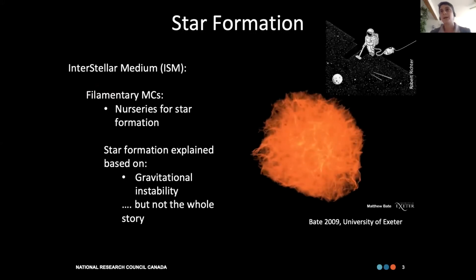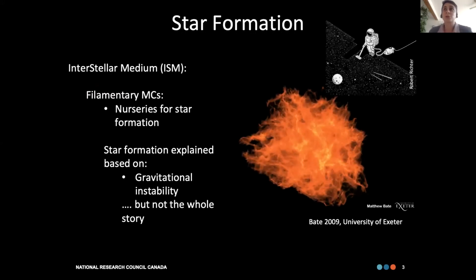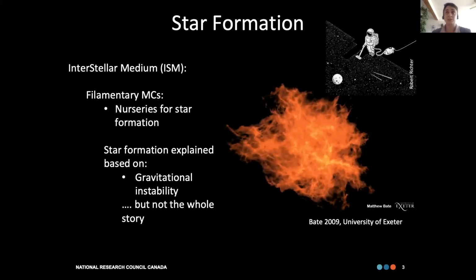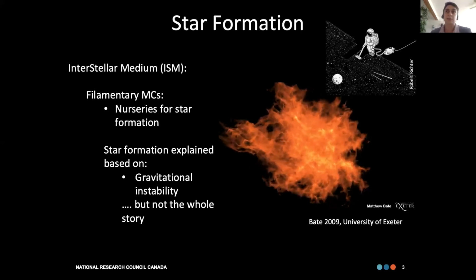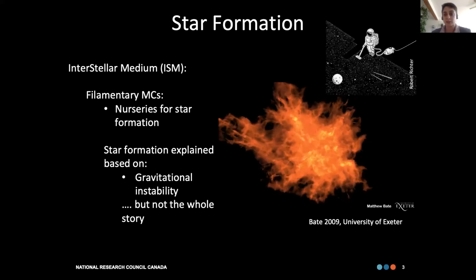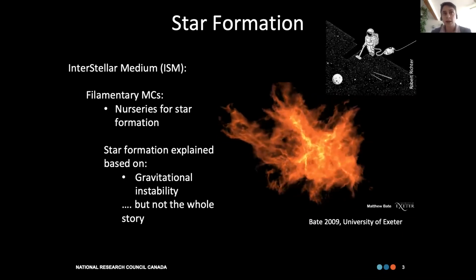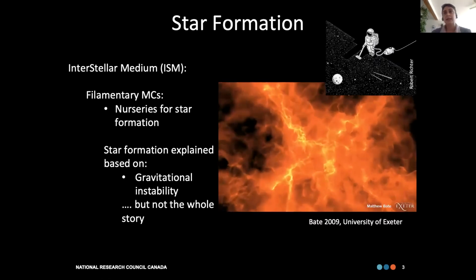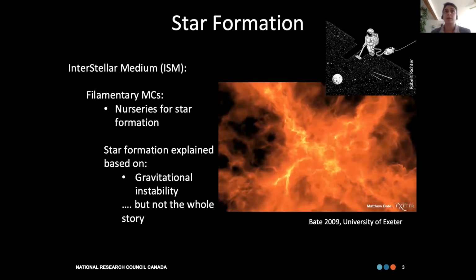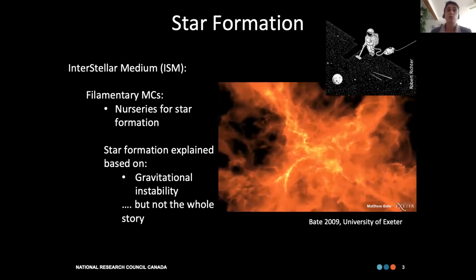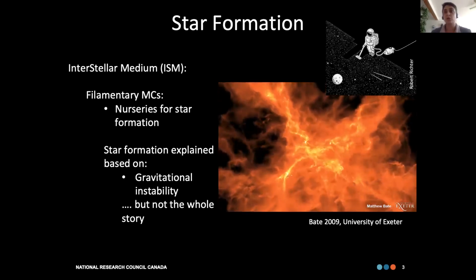So we know that no astronauts have vacuumed the space between the stars, and we have the interstellar medium and interstellar clouds. One type of interstellar cloud are molecular clouds that allow for formation of molecules inside themselves, and they are known to be the nurseries for star formation.